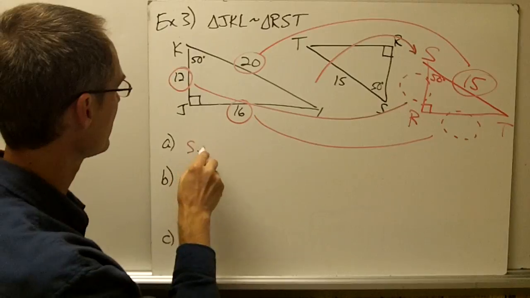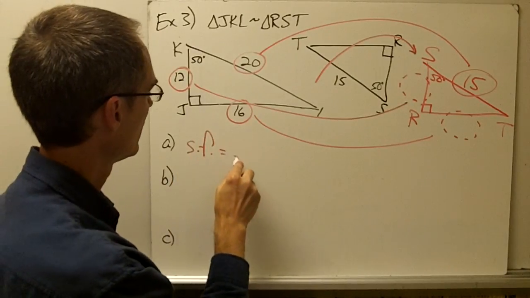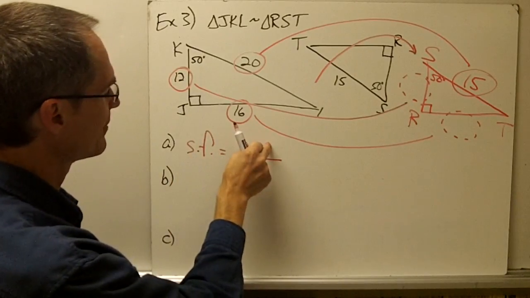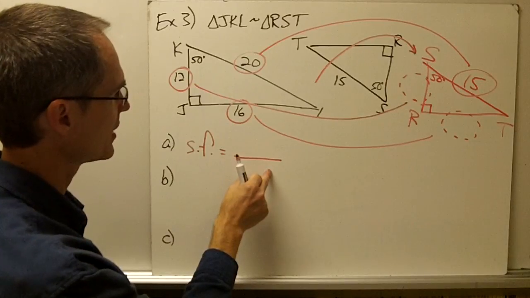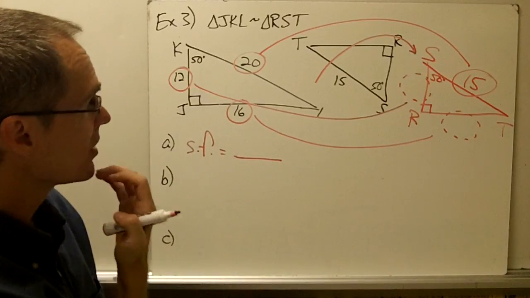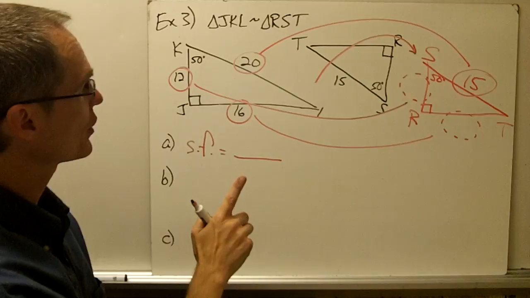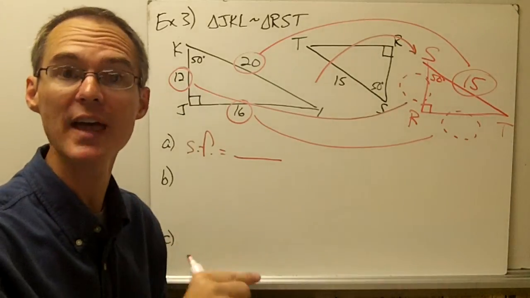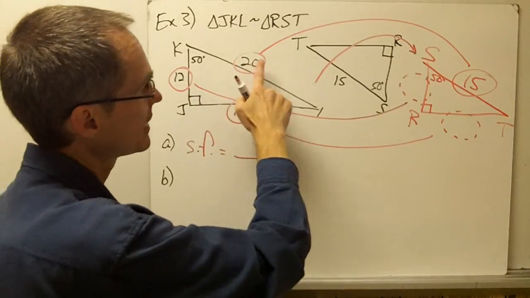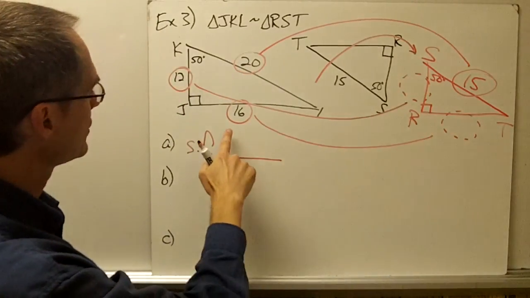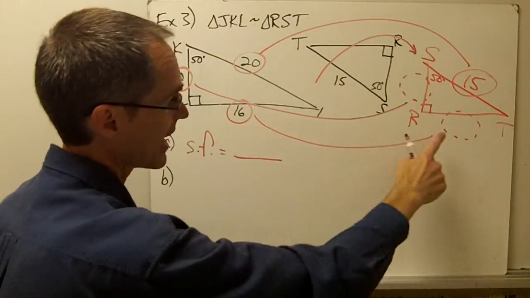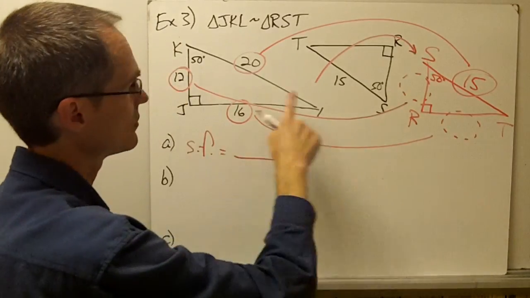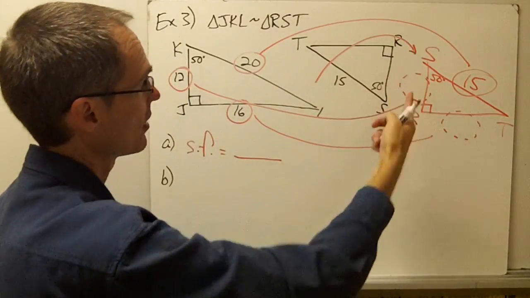I know how to find the scale factor: I just plug in a length of a side of my image over a length of the side of my pre-image. Except now I've only got one choice because I only have one pair of corresponding sides that both have numbers in them. I can't use this side and this side because I don't know the length of side RT, and I can't use this side and this side because I don't know the length of side RS.